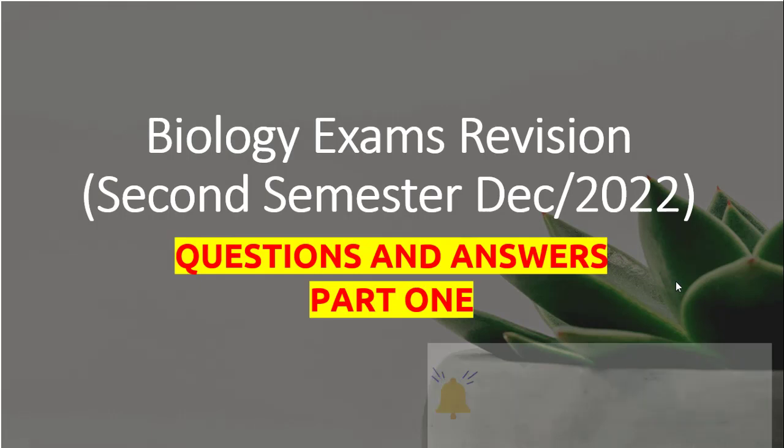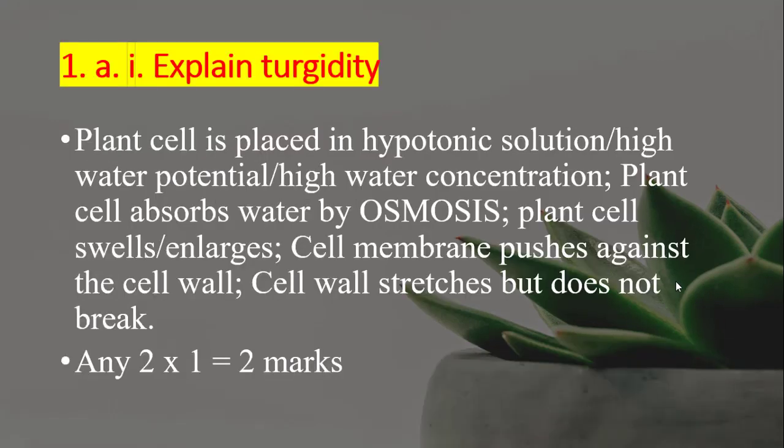Right, so the first question asks you to explain turgidity. Turgidity involves many plant cells, and you need to specify that. The plant cell must be placed in a hypotonic solution, a high water potential environment, high water concentration. The plant cell, being more hypertonic, absorbs water by osmosis.